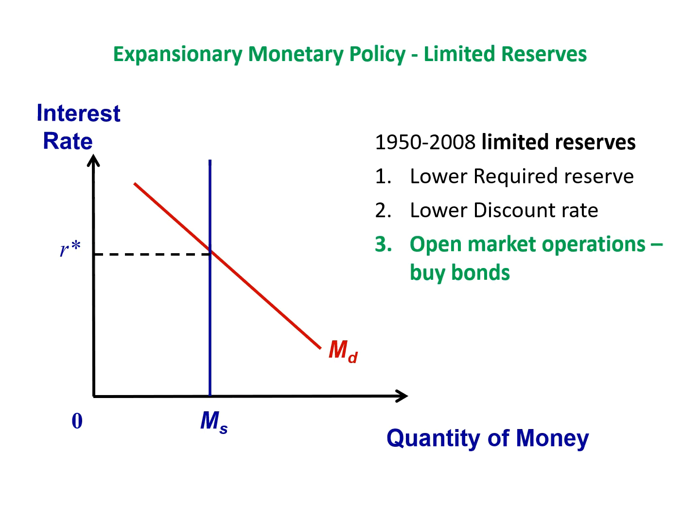Most likely, the Fed will use the most widely adopted tool of monetary policy under the limited reserves framework. The Fed will buy bonds from banks. This expansionary policy, open market operations, will increase the money supply, adding excess reserves to the banking system. These new excess reserves will be loaned out. The increase in the money supply will reduce interest rates.